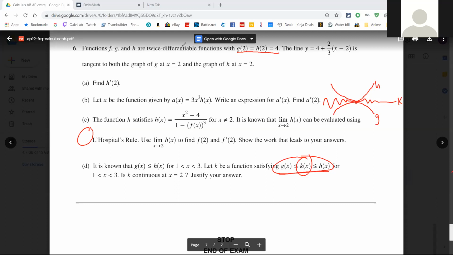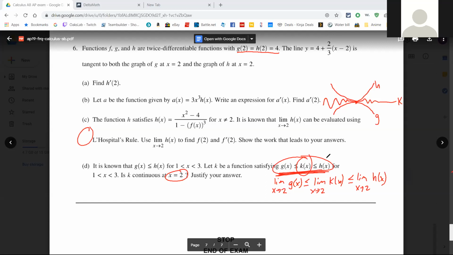Now, if this is true right here, then the limit as x approaches 2 of g of x, the limit as x approaches 2 of k of x, and the limit as x approaches 2 of h of x.